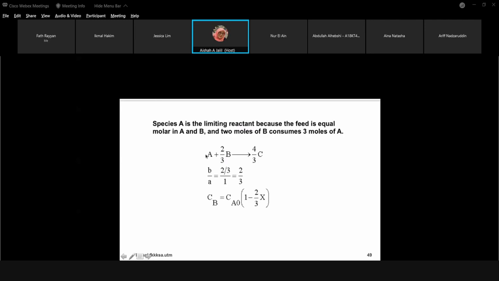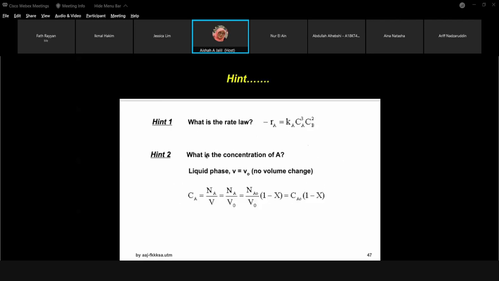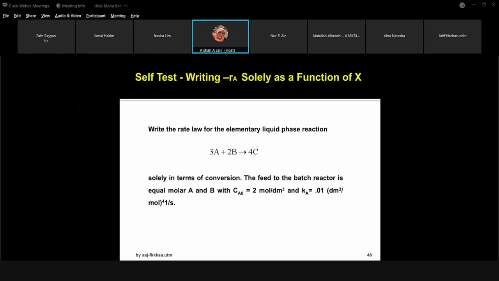For me, I just remember if you see equal molar here, just take the higher one, 3 and 2. I just put the bigger one.